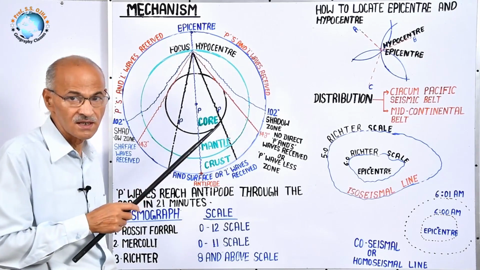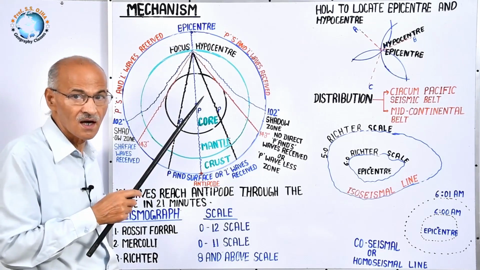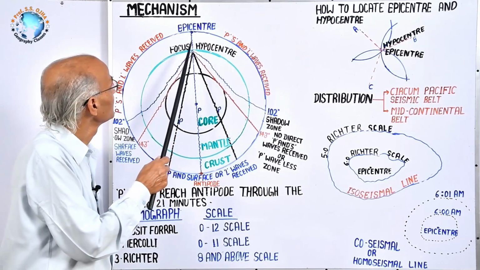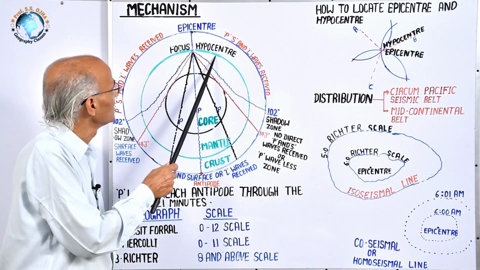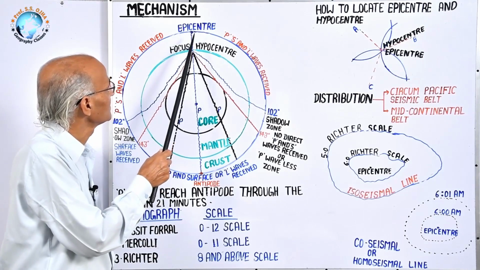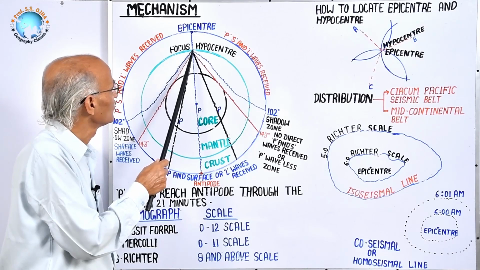Hypocenter means in depth and epicenter means on the surface. Just in a line, don't be confused between epicenter and hypocenter. Epicenter is a point on the earth's surface, while hypocenter is the point that is the focus.